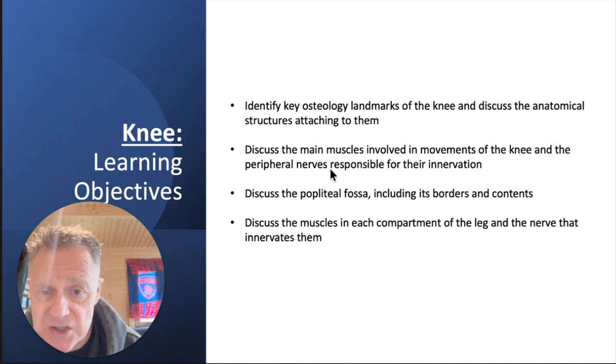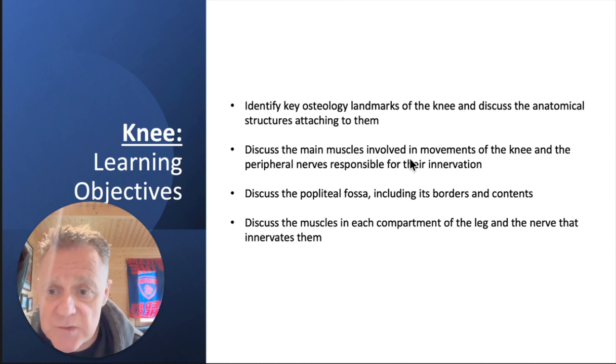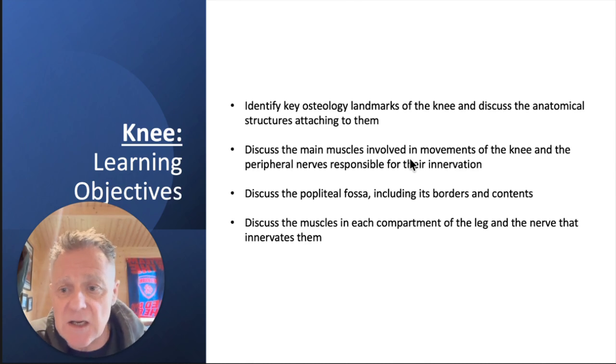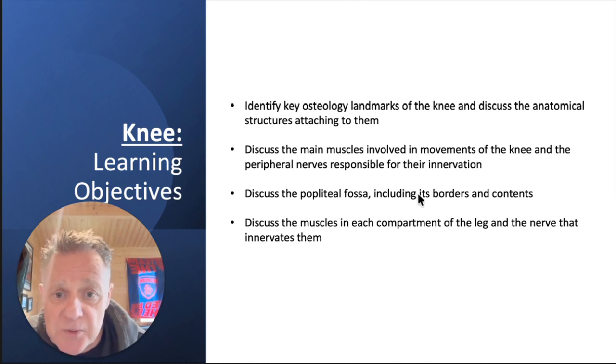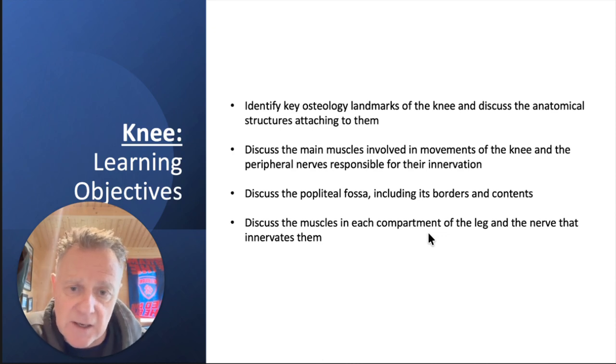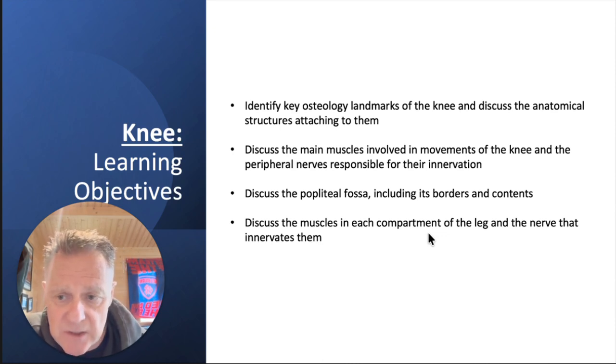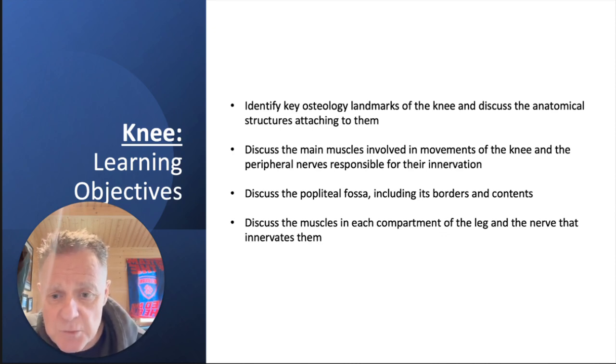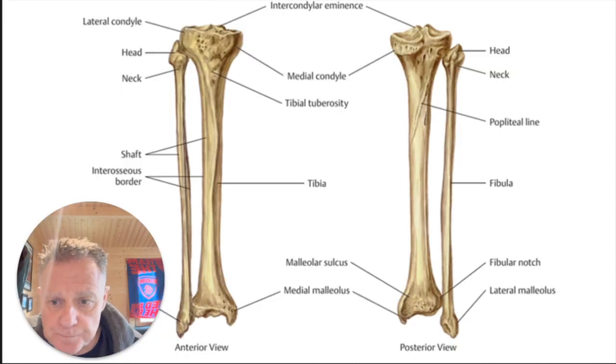You actually need to know what nerves are innervating these muscles on this particular occasion. The popliteal fossa and muscles in each compartment of the leg. So there's three different compartments of the leg. Anterior, lateral and posterior is made up of two subcompartments, one superficial and one deep.